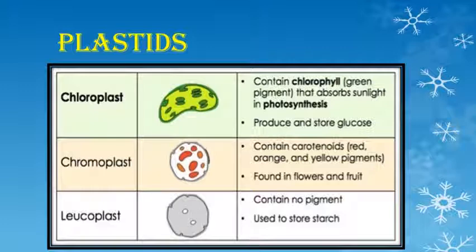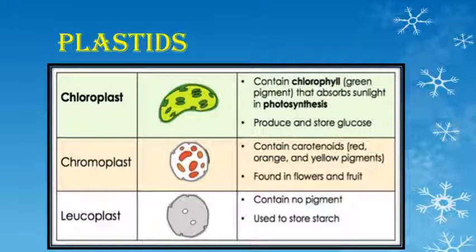And next is the chromoplast. These chromoplasts contain carotenoids, which are red, orange and yellow pigments, and these are found in flowers and fruits. So due to the chromoplast, the flowers and fruits get colored. Next is the leucoplast. What is a leucoplast? In leucoplast, no pigment is present.